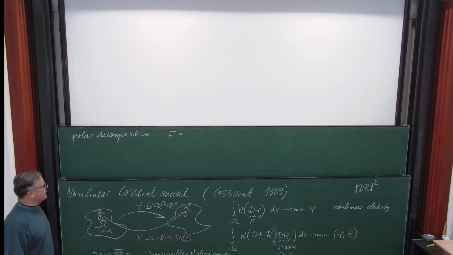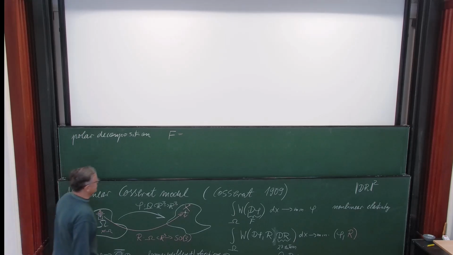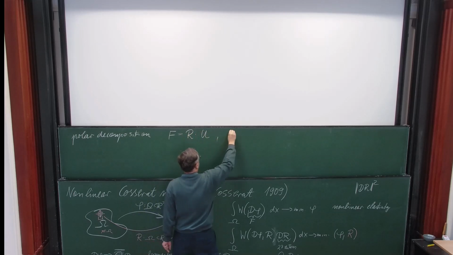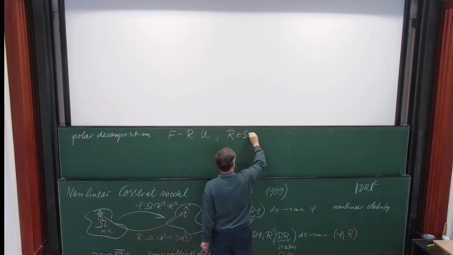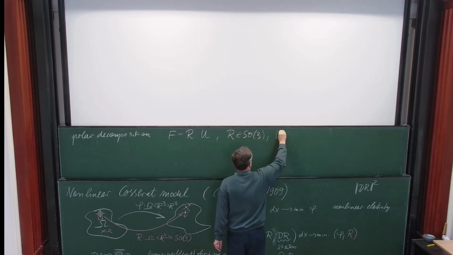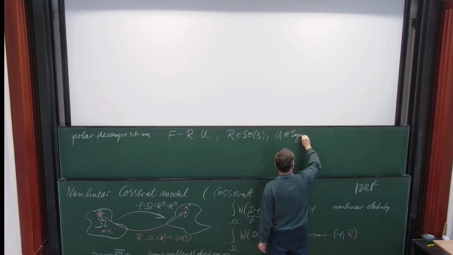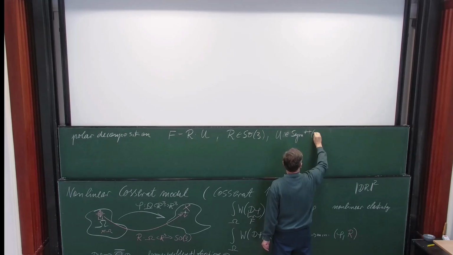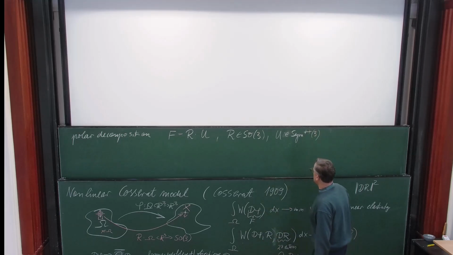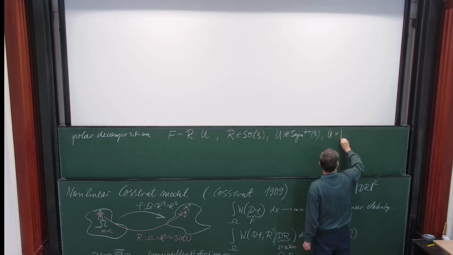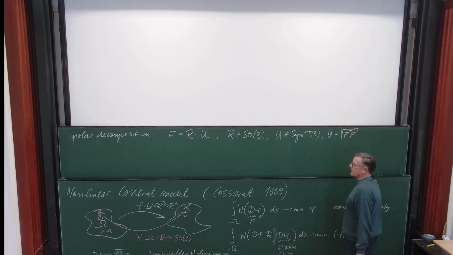I can decompose any 3 by 3 invertible matrix in a unique way into R times U, and the R is in SO3, and U is a member of positive definite matrices, where this is my notation for a positive definite matrix. You can calculate U as the square root of F transpose F, the matrix square root.